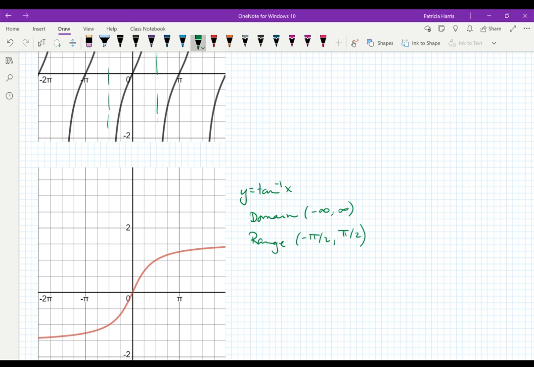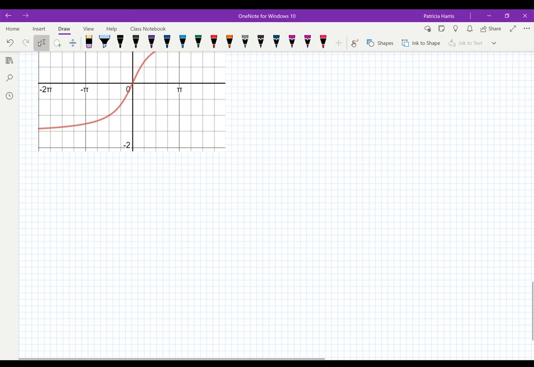Okay? Now what this means in the long term is sine inverse has angles in quadrant 1 and 4.